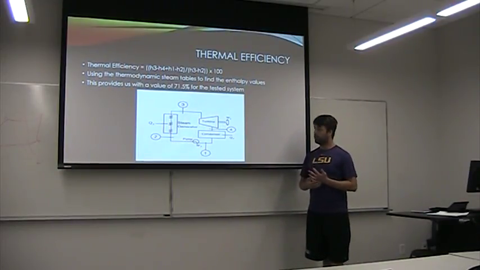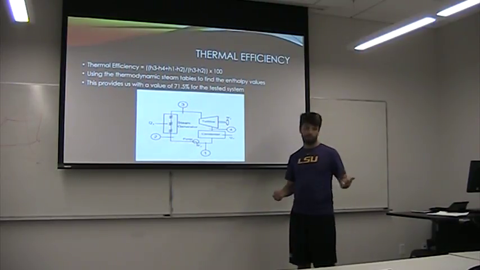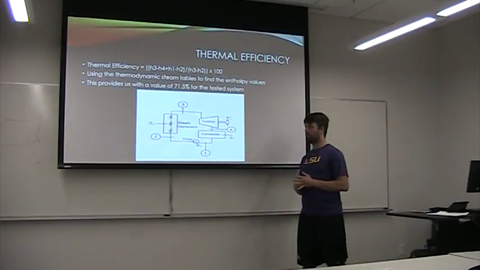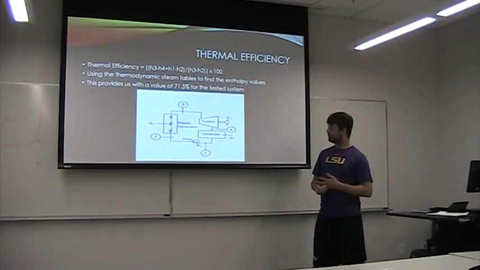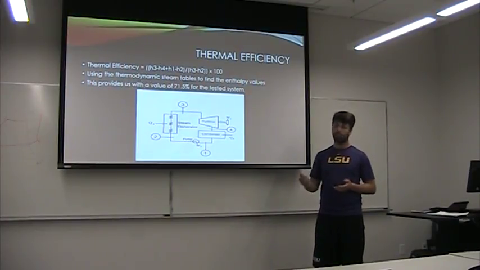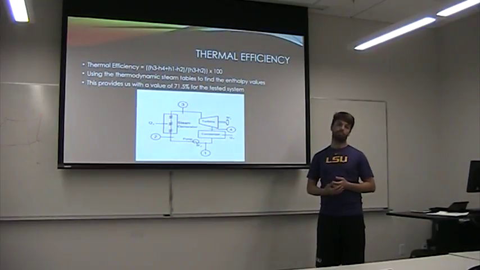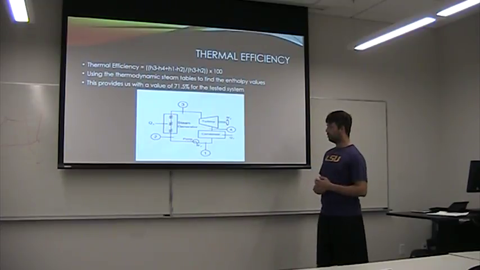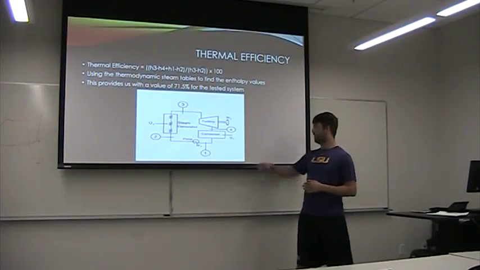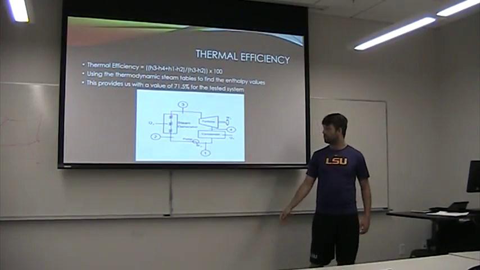What you want to do though for ours, since it's obviously not ideal, is account for losses: you lose some water in the system due to condensation, which doesn't go back through, and you also lose heat in the piping as the steam is going around. So you want to use Q equals m dot Cp delta T. And you use, again, the data provided at certain locations, like the inlet of the turbine versus the outlet, to calculate that delta T and use the Cp.